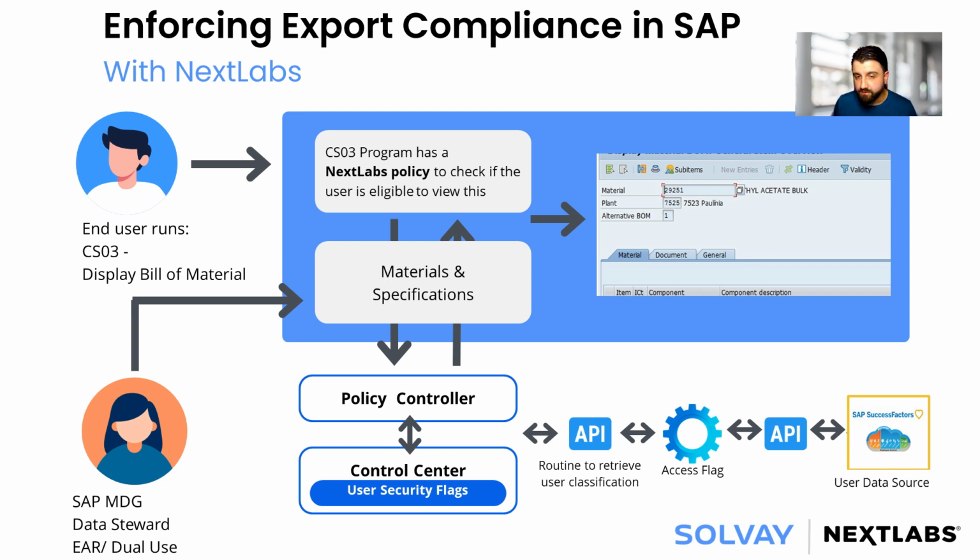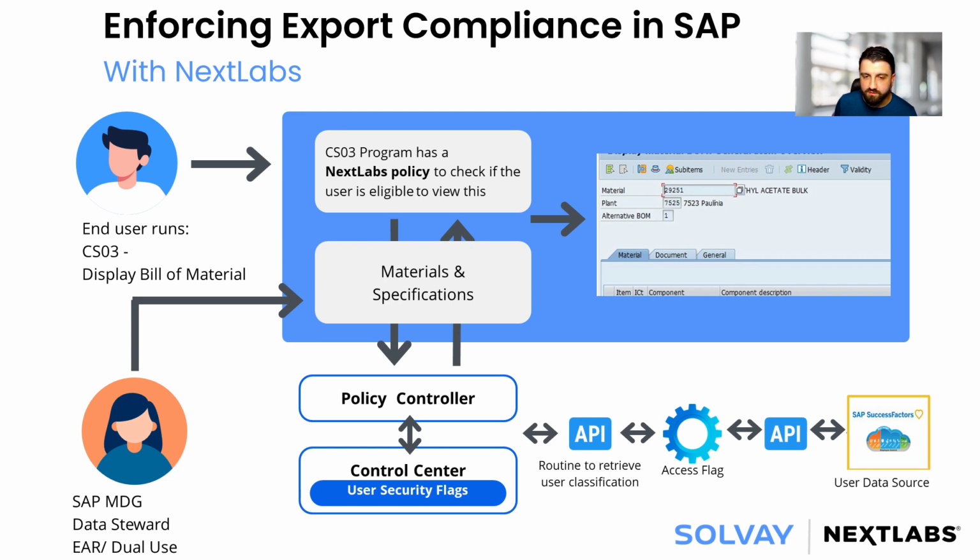In our case, the governance around this is done through SAP MDG, and we have the data stewards maintaining this information in MDG. Then this information is sent to an internal table in the ECC system. So let's consider that this is a controlled material.